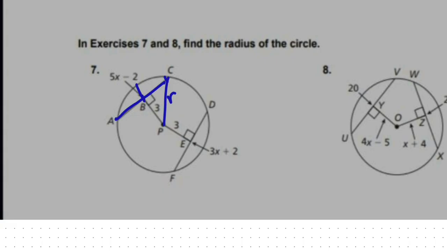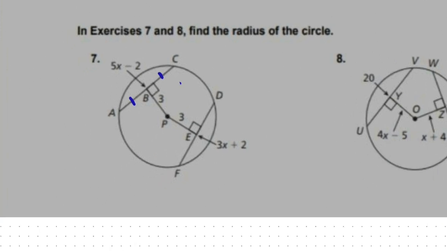If the radius is perpendicular to the chord, it forms a right angle, then it bisects the chord, it cuts into 2 equal parts. So this part here is equal to this. So we need to find x first. So 5x minus 2 equals 3x plus 2.